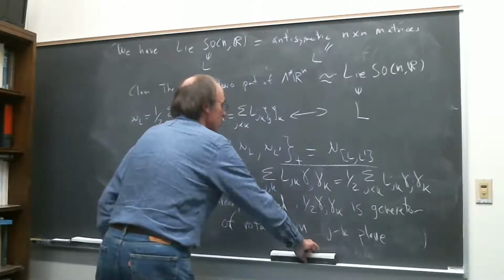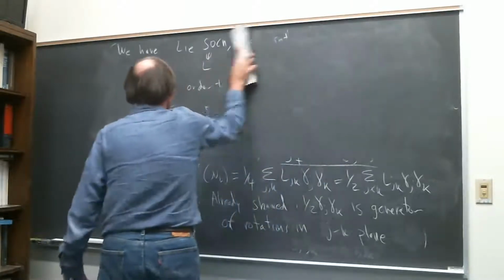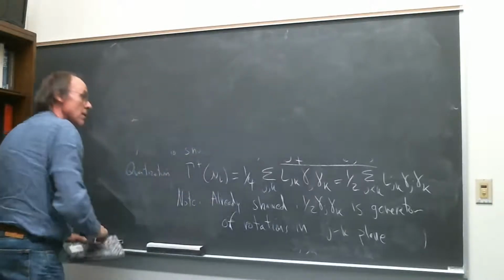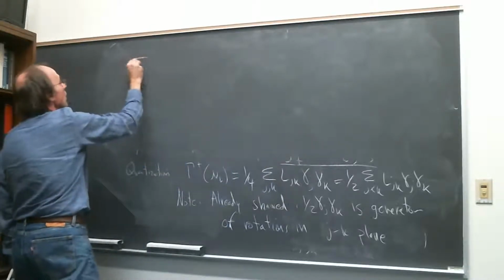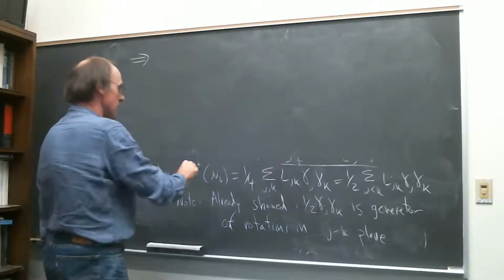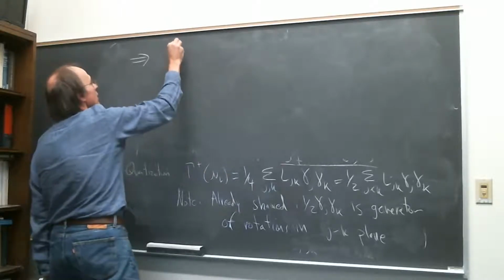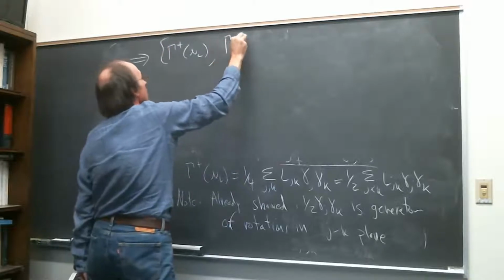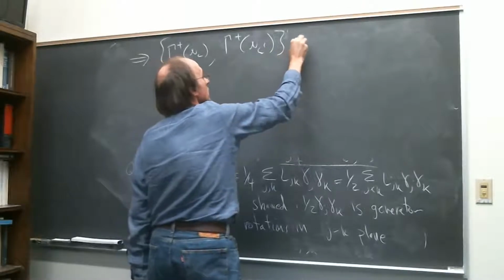So that implies, let me just write that down, gamma plus of the commutator of L and L prime is the commutator of the gamma plus of L and gamma plus of L prime.